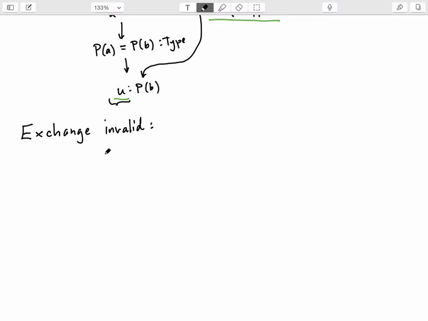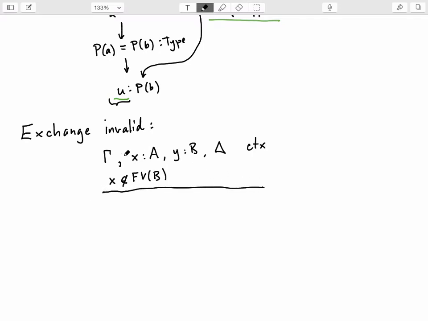The exchange rule says that if I have a context gamma, and in it I have x of type A and y of type B, and then there's some further context, and if this is a valid context, and x is not free in B (y cannot appear in A by assumption, because this is a context, so gamma does not contain y, therefore A does not contain y), then if B does not depend on x, I can move x over. Then this is also going to be a valid context.